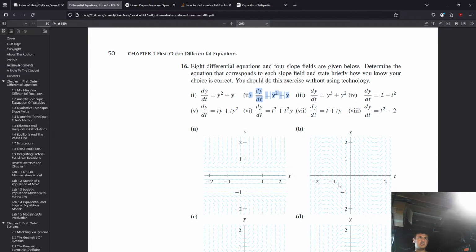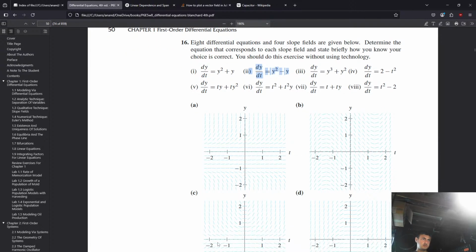Okay, now y squared times y plus 1. So if y equals negative 1, we should get a horizontal. Oh, okay. Alright, so I don't think it's that one either.